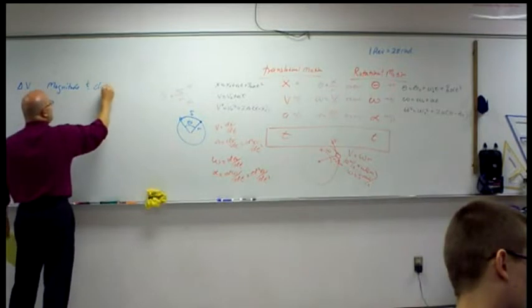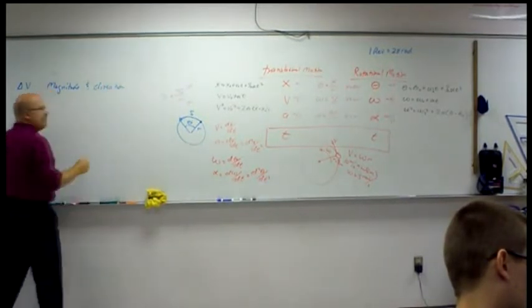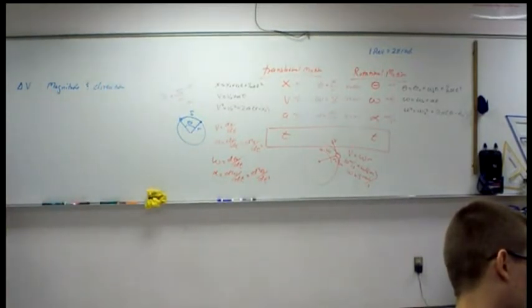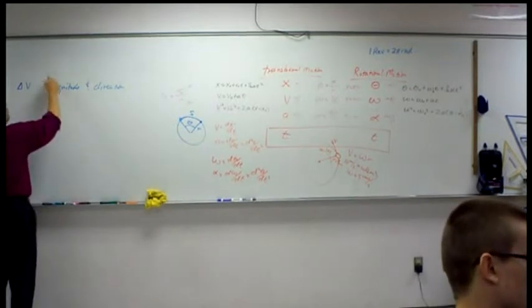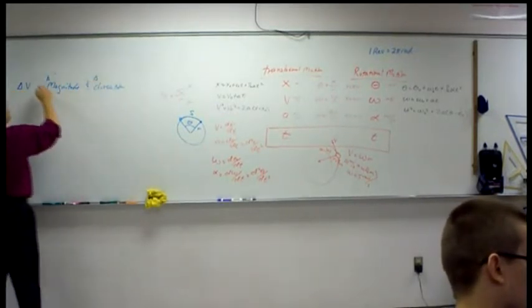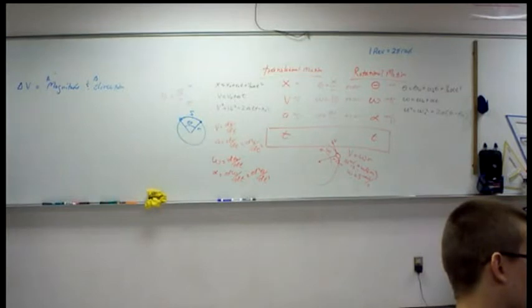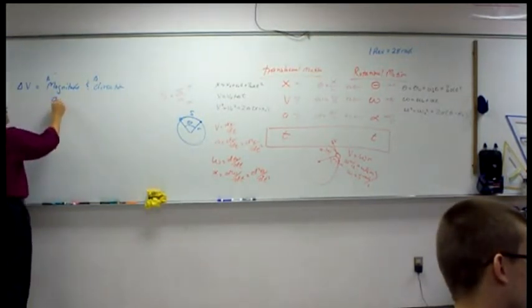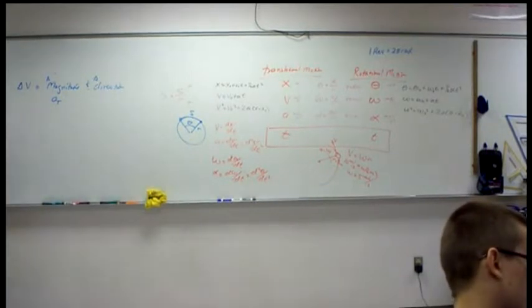Since velocity is both magnitude and direction, you can change the magnitude or you can change the direction, and you're changing the velocity. All right, if you change the magnitude, then we have what's called a tangential acceleration.